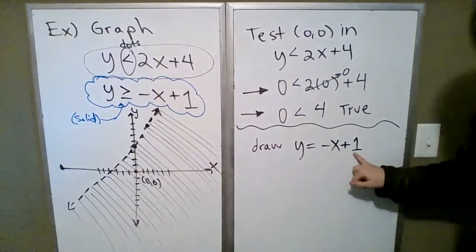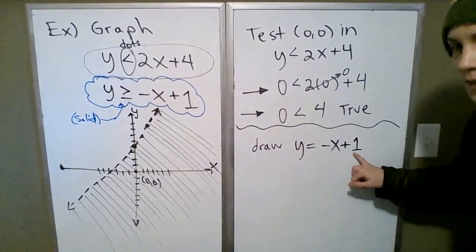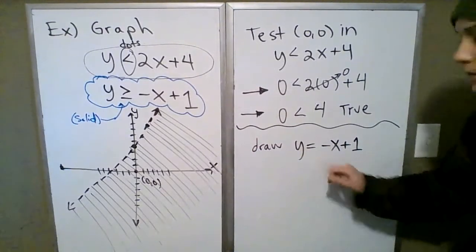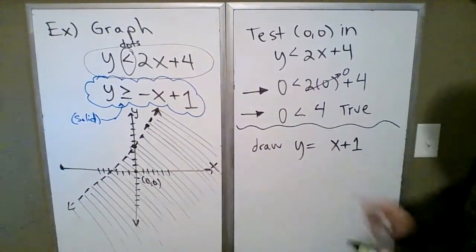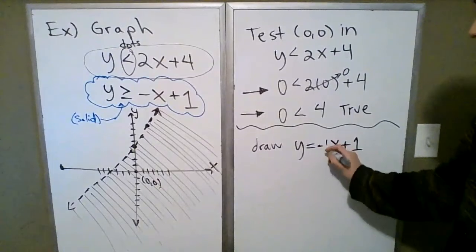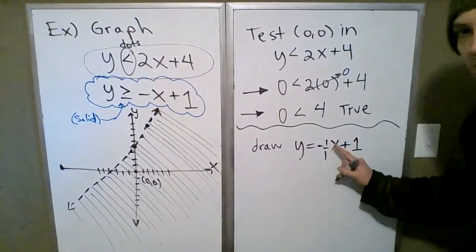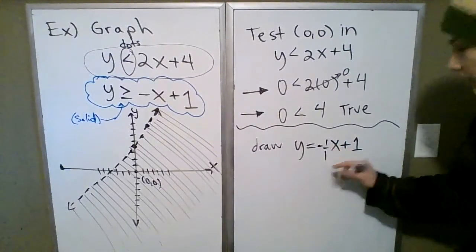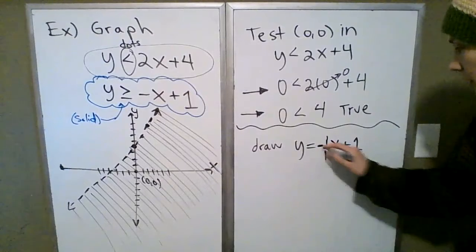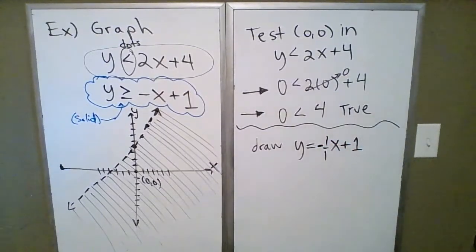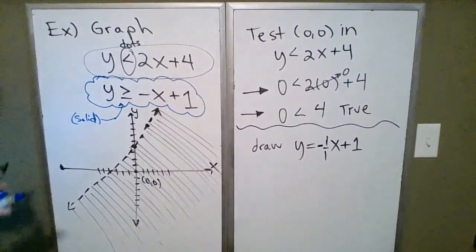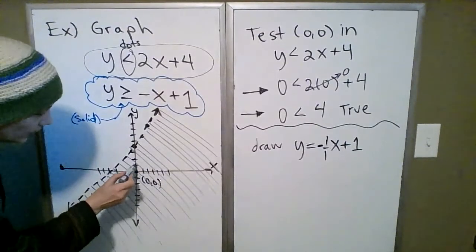Okay, we're going to 0, 1 as the y-intercept, and the slope of negative 1 means you want to go, maybe look at this as negative 1 over 1. So down 1 and to the right 1. Zero, 1.